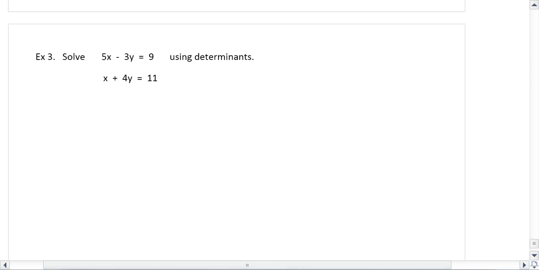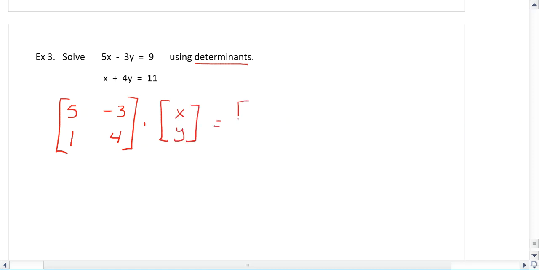So the directions say, solve this system using determinants. And when you use determinants, you're using Cramer's rule. So the first thing we're going to do is take this and write it as a matrix equation. So pull out the coefficients to make the coefficient matrix. And then we have the variable matrix, which has the x and y in it, and then equals the answer matrix.